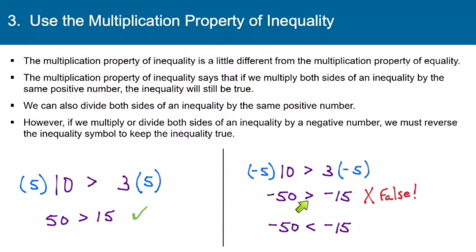So now, if we change the greater than sign to a less than sign, then the inequality is true again. So we can multiply or divide both sides of an inequality by a positive number, no problem. But if we multiply or divide both sides of an inequality by a negative number, we must reverse the inequality symbol to keep the inequality true.